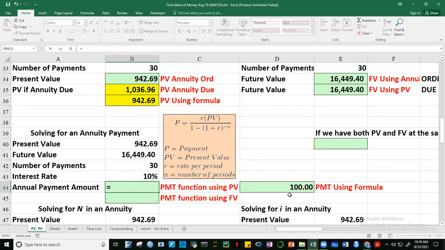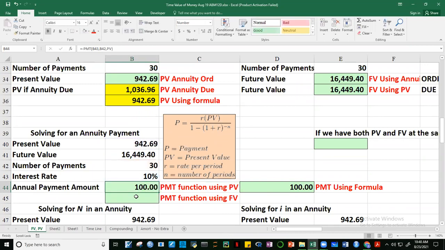So whether we use the formula to get the present value or we can use, guys, the PMT function. So it's equal to negative PMT. The PMT na yan, guys, kasi hinahanap natin yung annuity, di ba? PMT. Rate is 10%, comma, NPER is 30, comma. So we'll be choosing yung PV, kasi dapat isang equivalent lang pipiliin natin. Ang PV natin is 942.69. Okay, ignore the rest kasi hindi naman siya kailangan.